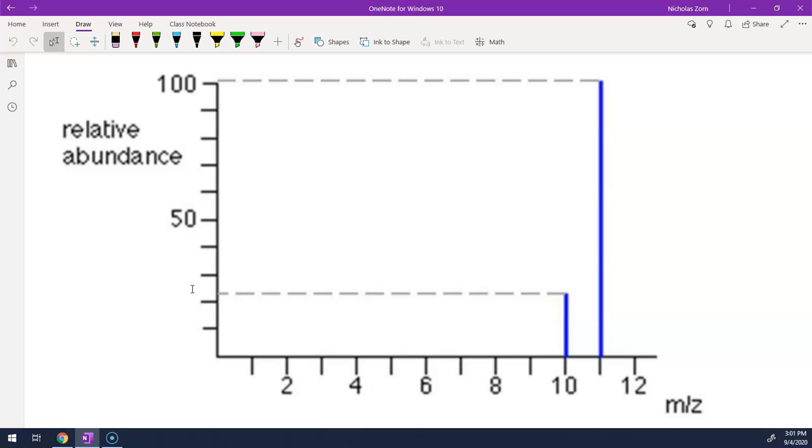And then using that average atomic mass, we want to identify what we have here. So the first thing we need to do is pull some data off of the graph here. So we have our m over z ratio. The m over z ratio, I want you to think about that as your mass. And then the relative abundance, the intensity here.